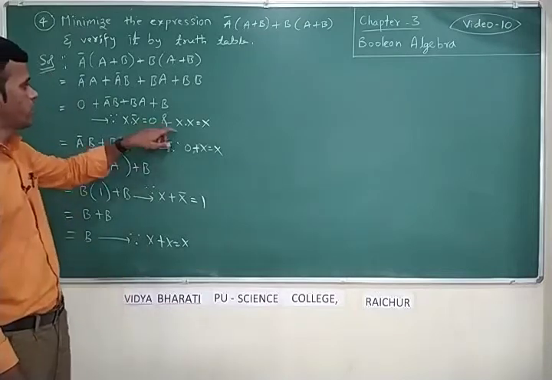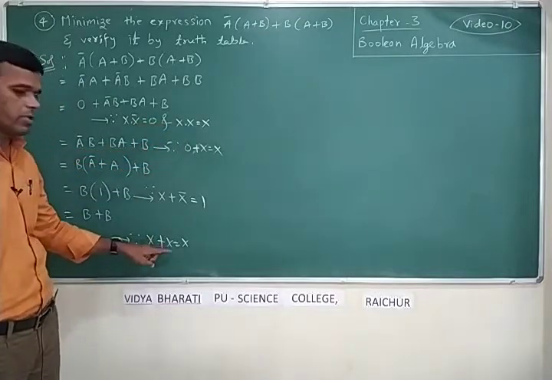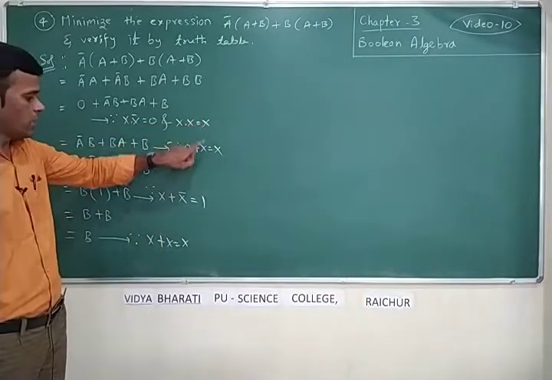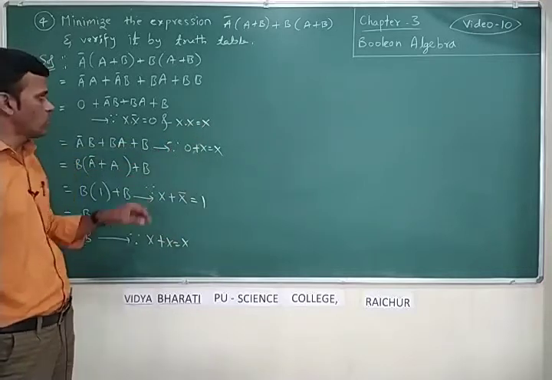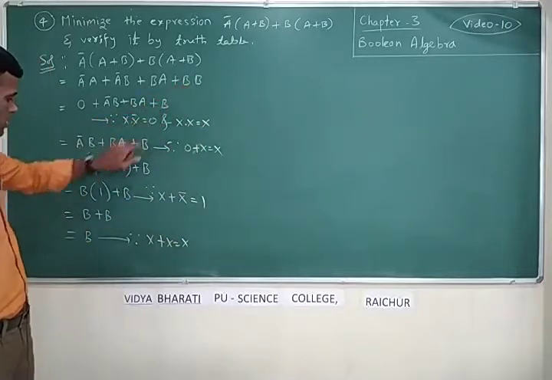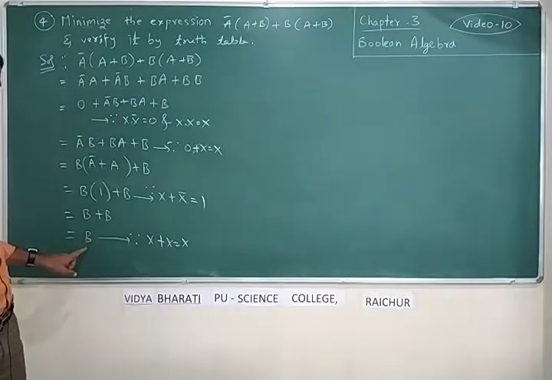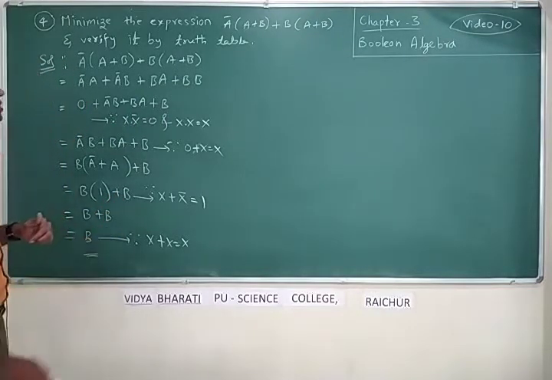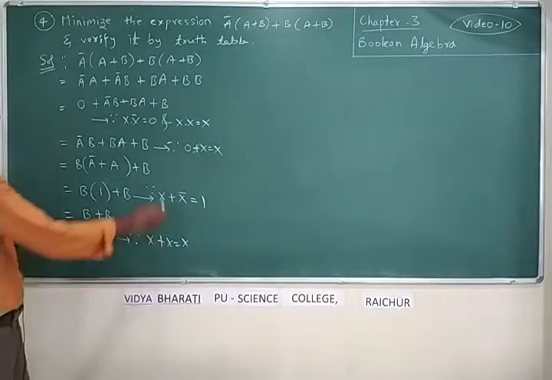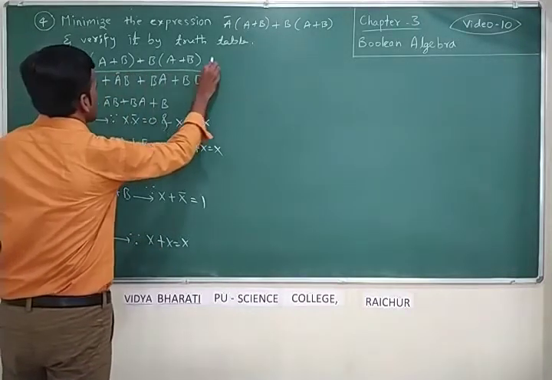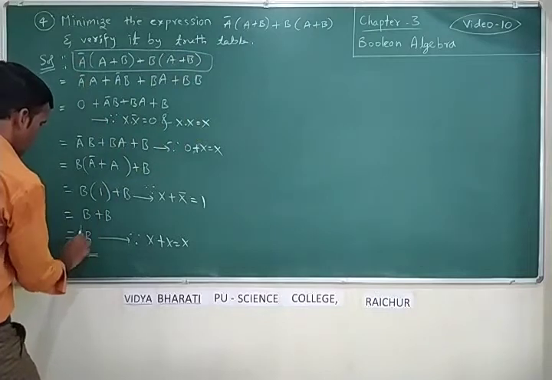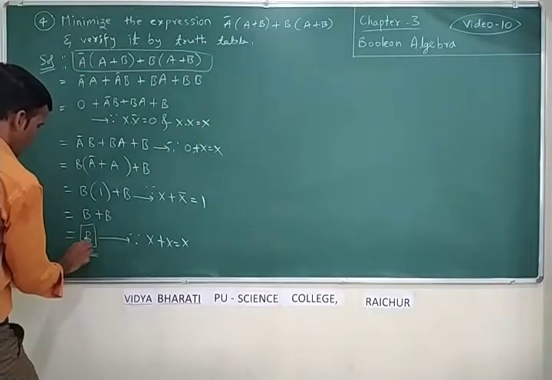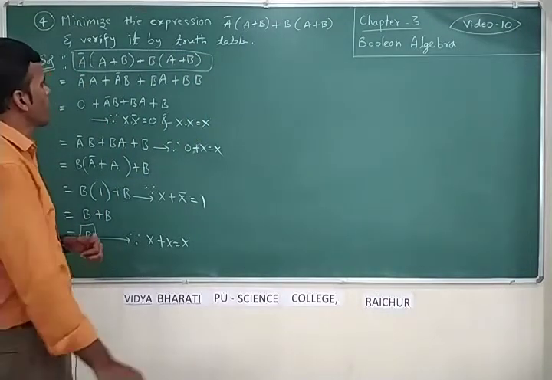Okay, so whether it is x into x or x plus x, in both cases it is x only. So here for b into b it is b, here for b plus b again it is going to be b only. So now it is the simplest form of the given expression. So answer is just one single variable b.